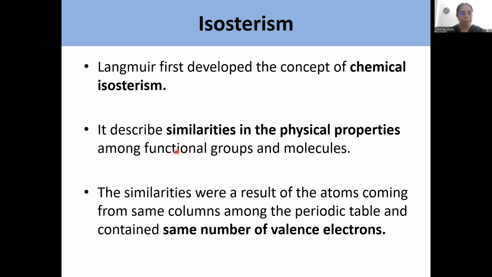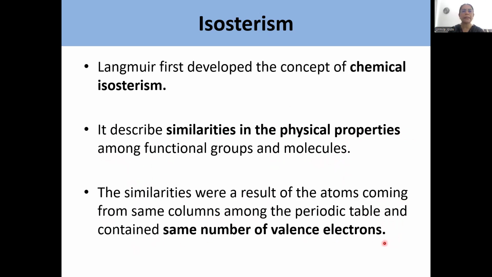Chemical isosterism describes similarities in the physical properties among the functional groups and the molecules. These similarities were a result of atoms coming from same column of the periodic table, and these atoms contain same number of valence electrons.